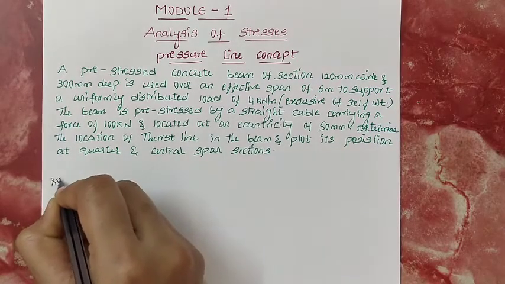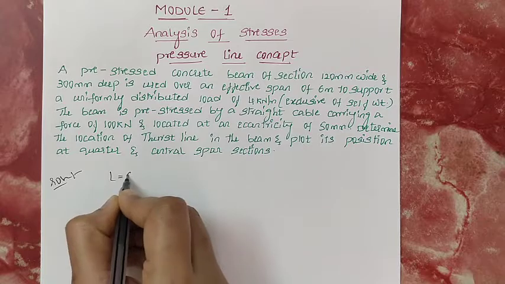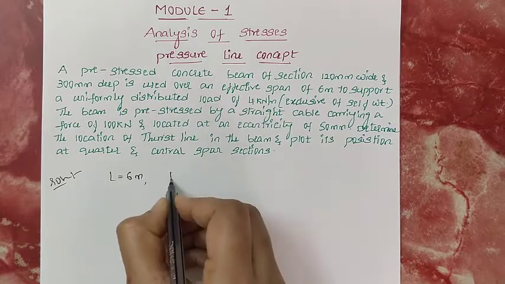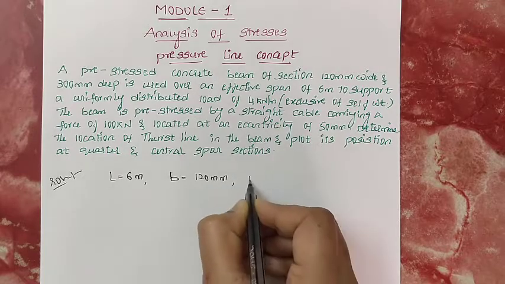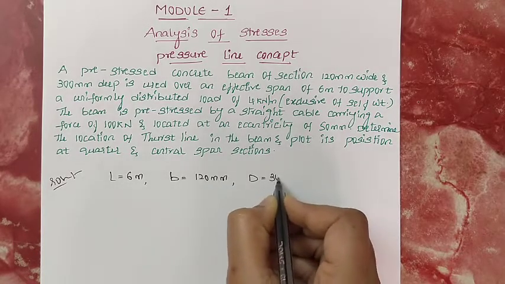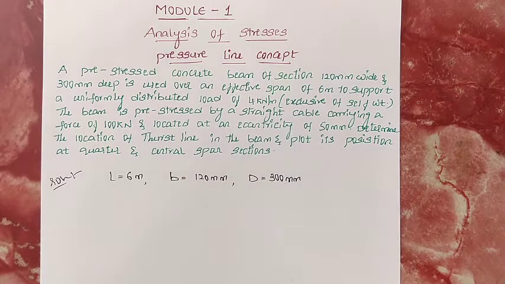First, the solution. The effective span they have given is 6 meter. The cross sectional dimension is 120 mm wide and 300 mm deep.